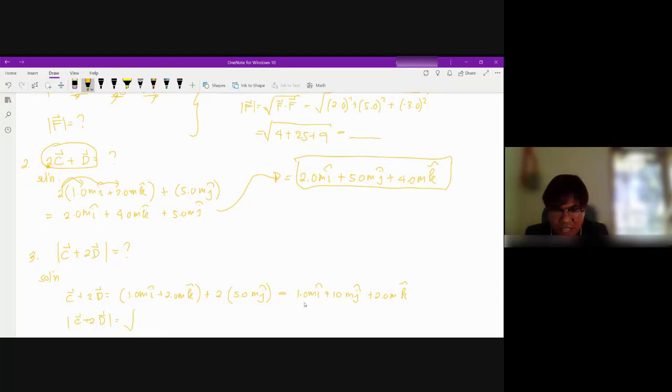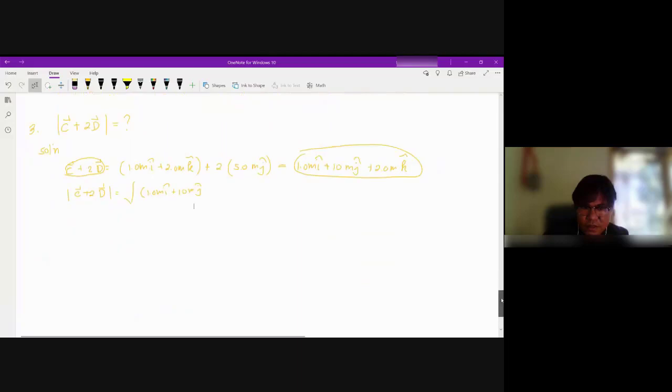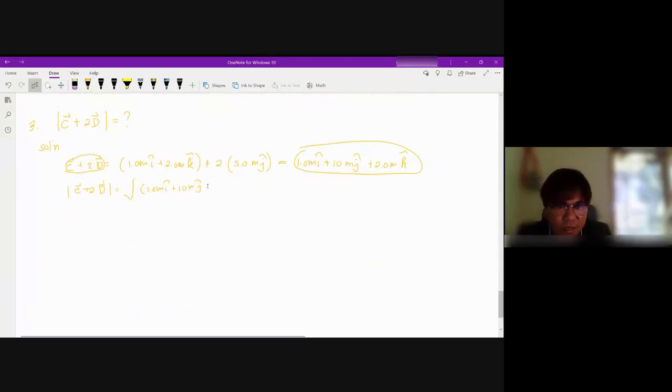Ini man ang resulta: 1 meter I hat plus 10 meter J hat plus 2 meters K hat.